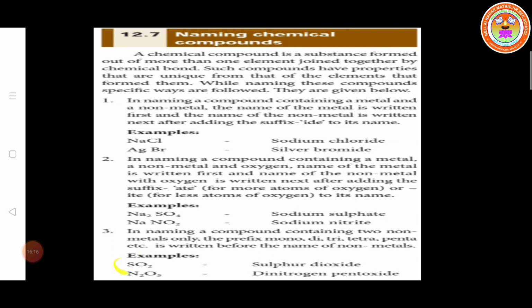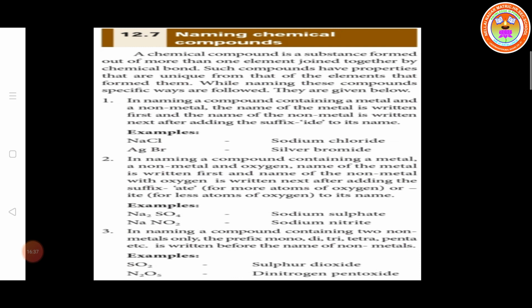For example, SO2. Here the compound contains sulfur and two oxygen. First the non-metal name, then how many oxygen are present: 2 means dioxide.